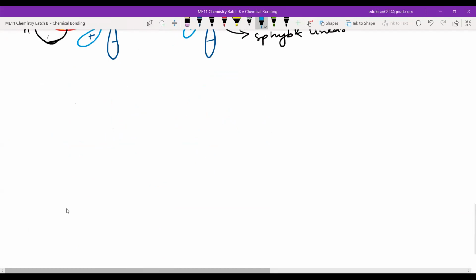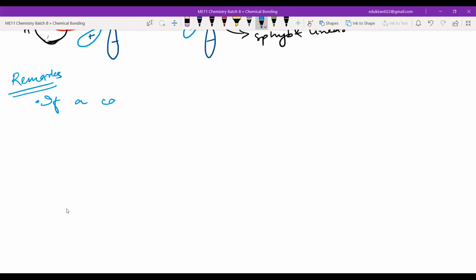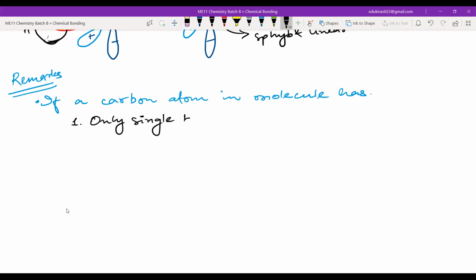so please write remarks. If a carbon atom in a molecule has number one, only single bonds, then it's sp3 hybridized.